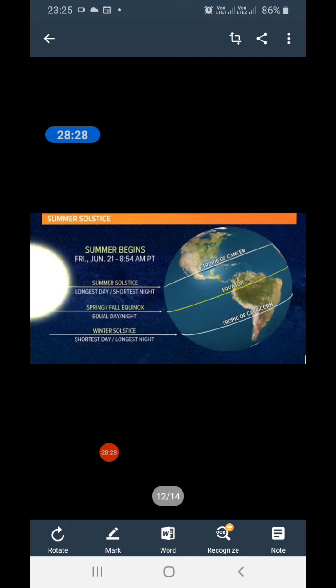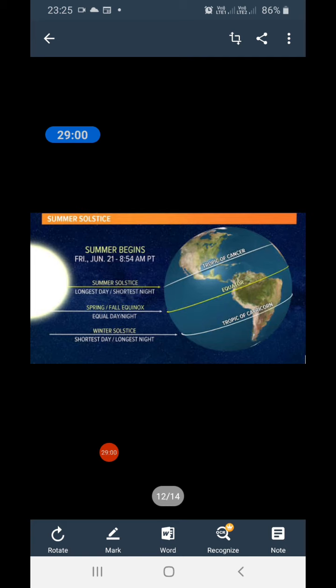Now this diagram over here is showing you the position of summer solstice. If you were not able to understand what I was explaining, in this diagram you will see that the earth is tilted in such a manner that when it is moving around the sun, the position of the earth comes in such a manner that Tropic of Cancer is inclined towards the sun. And by June 21st, the sun is directly over Tropic of Cancer.